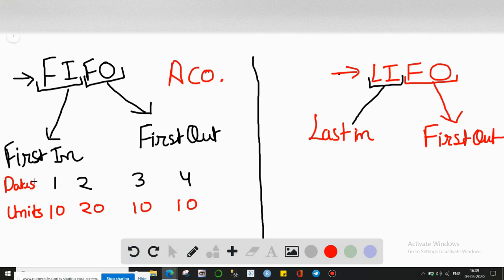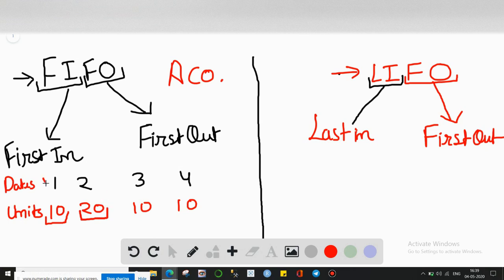Now let's say if the company sells 20 units, from where will the 20 units be allocated? 10 units from this and 10 units from this.